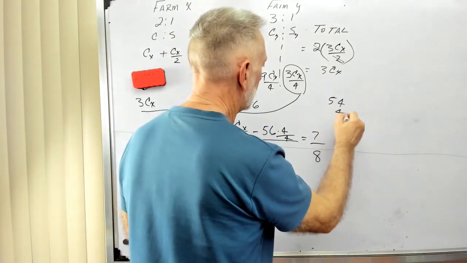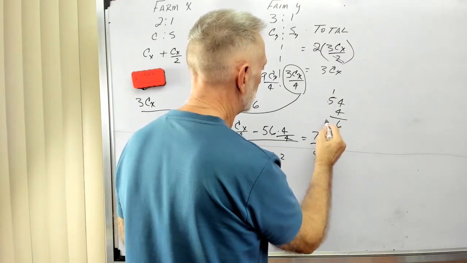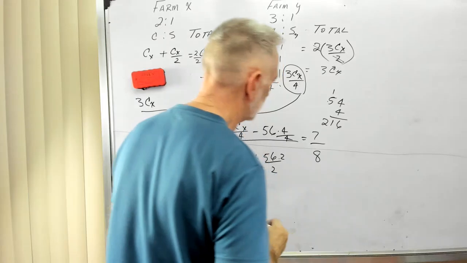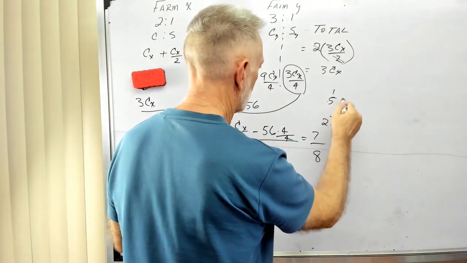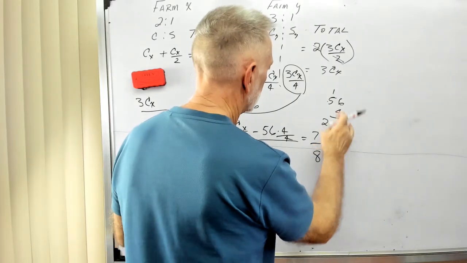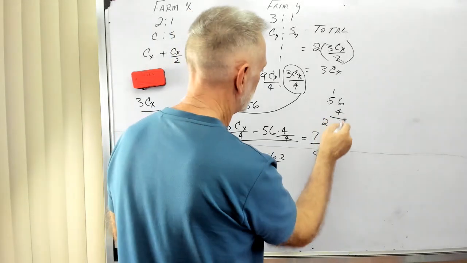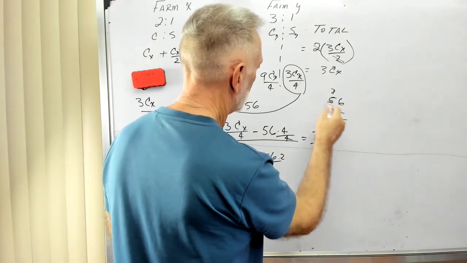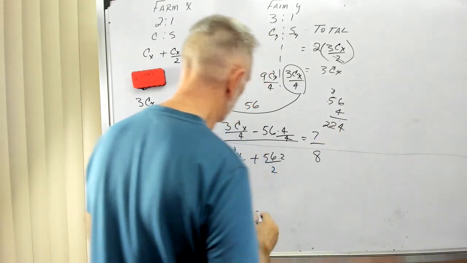56 times 4. Sorry, 56 times 4, my bad. 6 times 4 is 24. We're multiplying here. 56, 24, 2, 20, 21, 22. There we go.